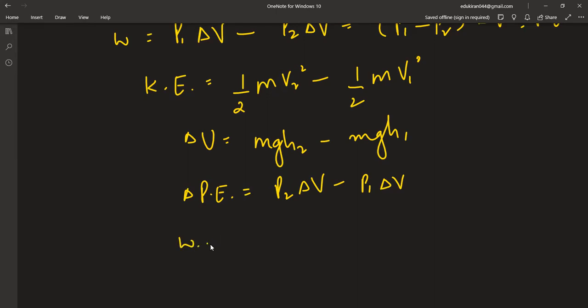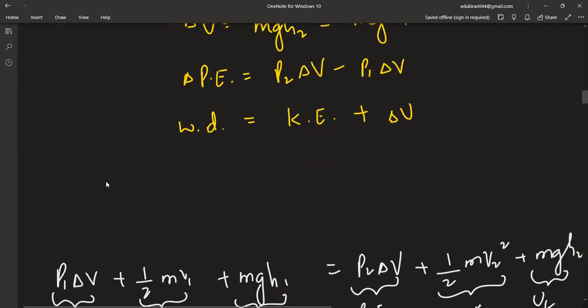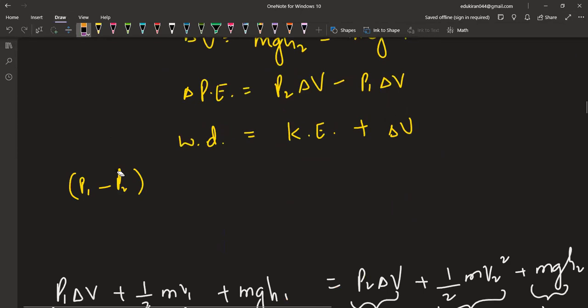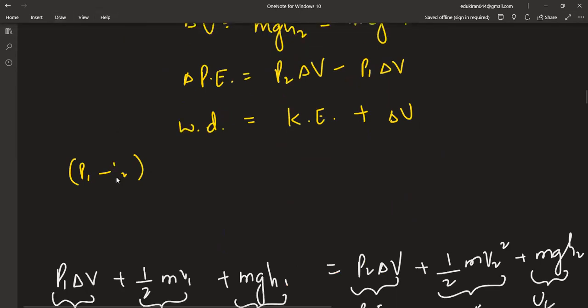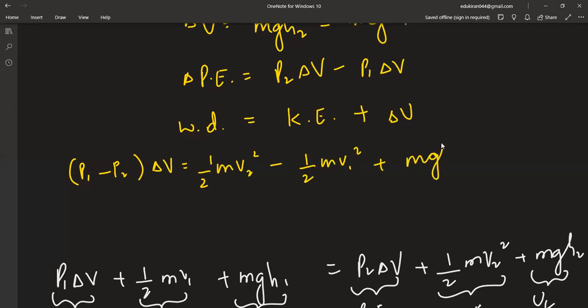Look, work done is equal to the change in kinetic energy plus the change in potential energy. So we can equate all of these. Here, P1 minus P2, into delta V, is equal to half m V2 square minus half m V1 square plus mgh2 minus mgh1.